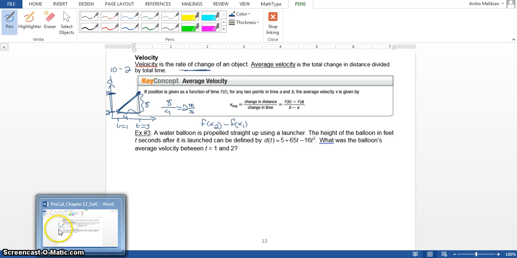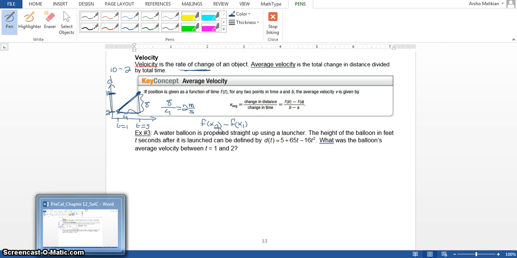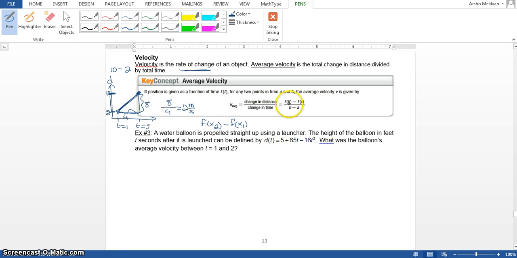Now, instead of x1 and x2, can we label these a and b? We can. It's up to us how we label anything. So here, instead of f of x2 minus f of x1, I just call it f of b minus f of a. So this is my final position minus my initial position over the total time.